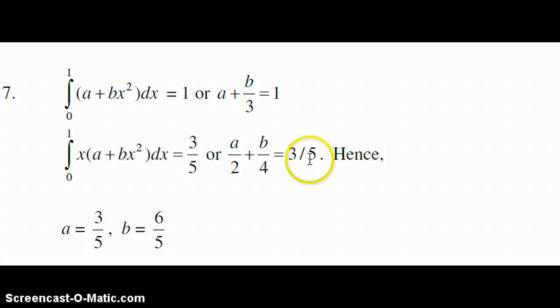Then we set that equal to 3/5. Now we have two equations with two unknowns. We can either use substitution or matrices and then put it in reduced row echelon form, elimination, any way that you know of to take two equations with two unknowns and solve for those two unknowns here.